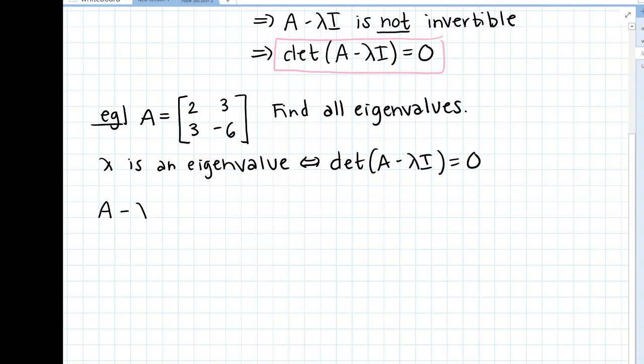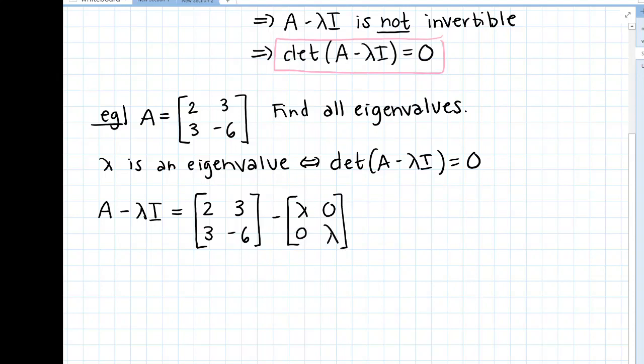So A minus lambda I is going to look like this. We'll have our original matrix, 2, 3, 3, negative 6, and then we're going to subtract lambda times the identity, which would give us a matrix where we have lambdas on the diagonal. And so when we do that subtraction, we get 2 minus lambda, 3, 3, and negative 6 minus lambda.